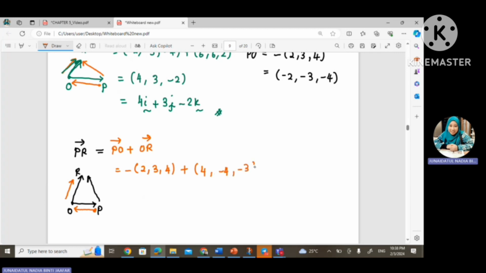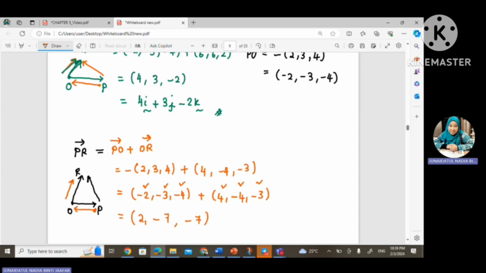We simplify the vector: -2 plus 4 is 2, -3 plus -4 is -7, and -4 plus -3 is -7.